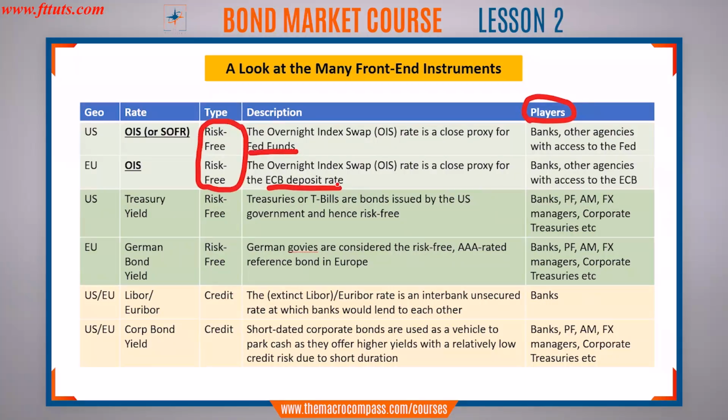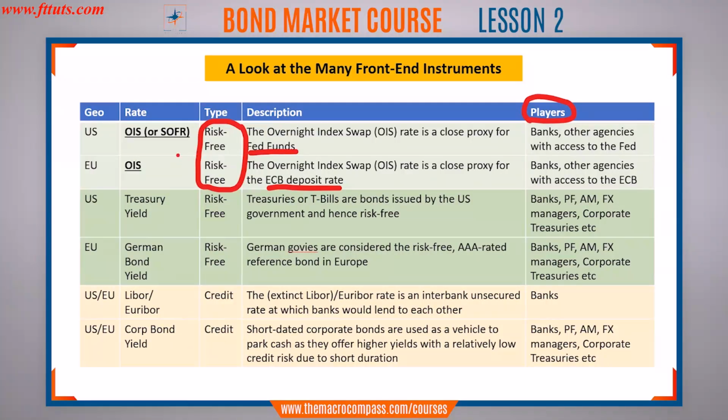Not all rates in the front end reflect only central bank expectations, but in some cases, as we will see and explain for treasuries or government bonds, also represent the scarcity or abundance of collateral. And when it comes to Euribor or to corporate bonds, they represent an additional layer of credit risk being priced in.